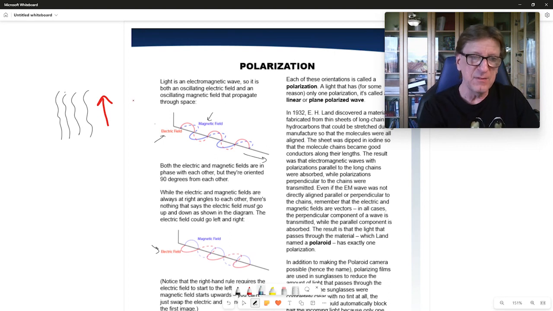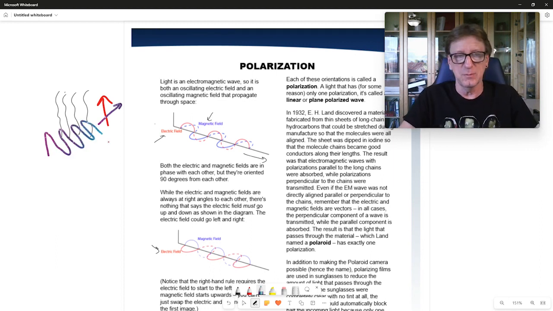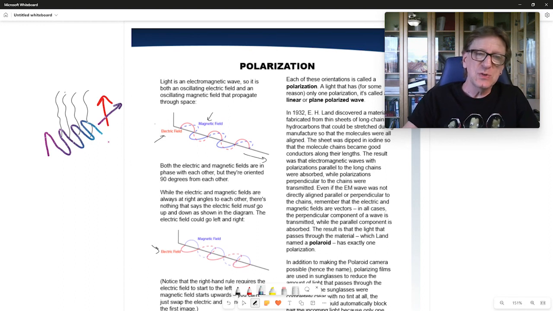So if I have another incoming wave that has maybe this polarization, and again, I'm trying to draw it in 3D, but we're doing the best we can here. So it's coming in at some angle. But I can break that into a component that is perpendicular and parallel to the long chain polymer, to the Polaroid. What that means then, of course, is that the perpendicular component will make it through, but the parallel won't.